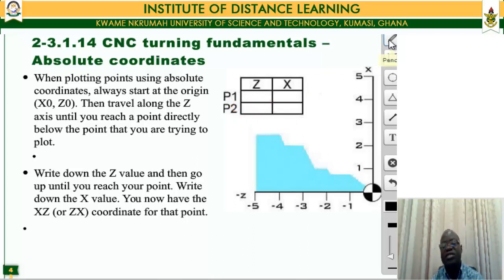Now, if you take this particular drawing, this P1, let's say point 1, will be here, and then we shall have point 2 here, then we shall have point 3 up here, point 4, point 5, and then point 6 will be down here, and then point 7.